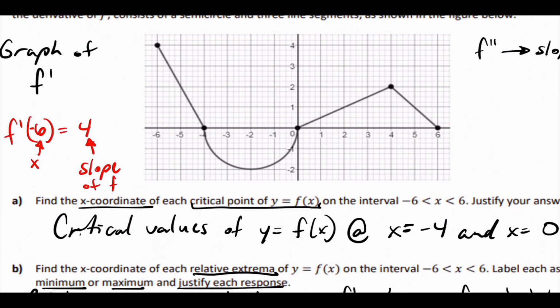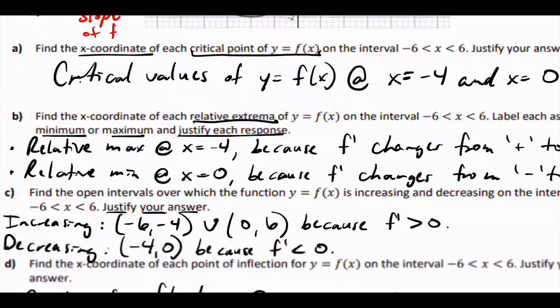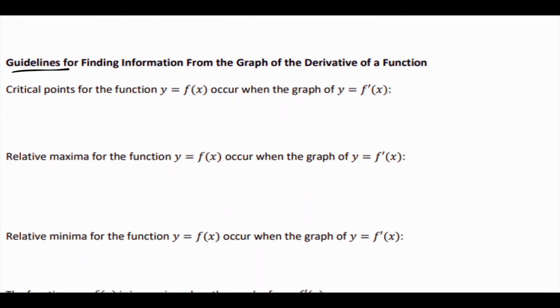There you go. Where did it cross the x-axis? Points where it crossed the x-axis. So let's write that down. So crosses where the graph, where f prime crosses.